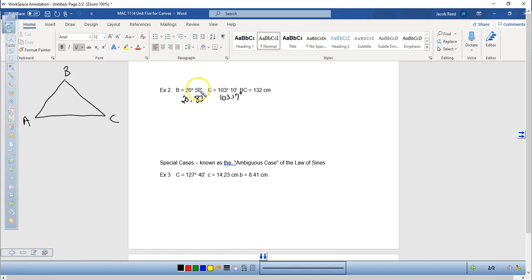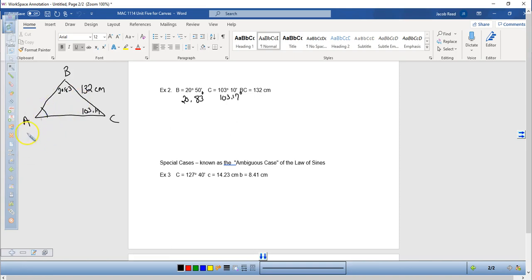Remember, we divide this by 60, turn it into a decimal, keep 2 decimal places. So B is 20.83, and C is 103.17, and BC, which is B to C here, is 132 centimeters.